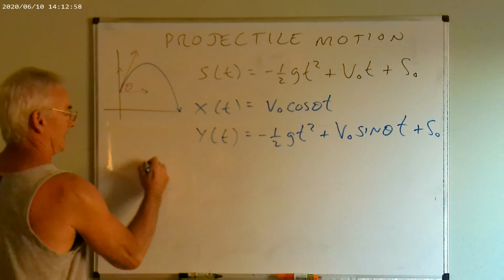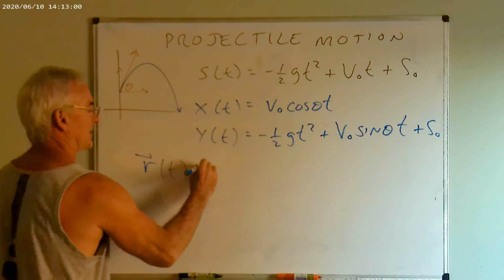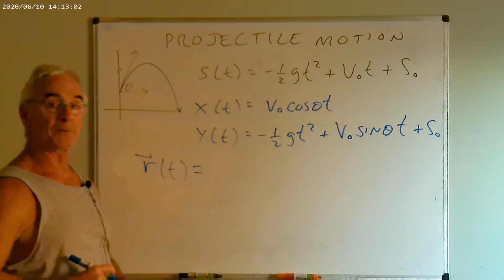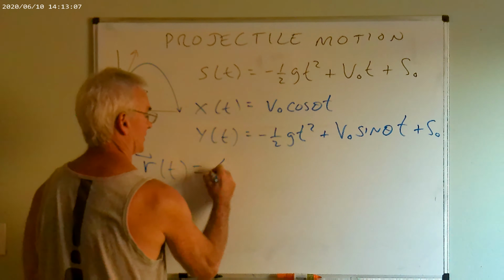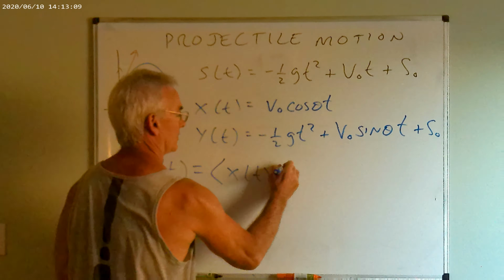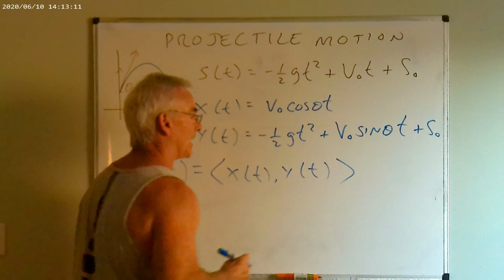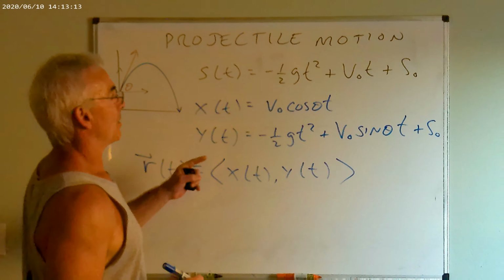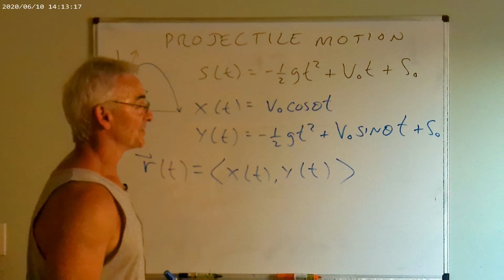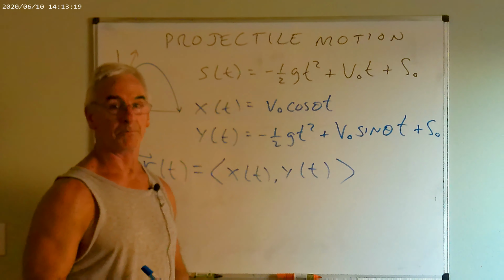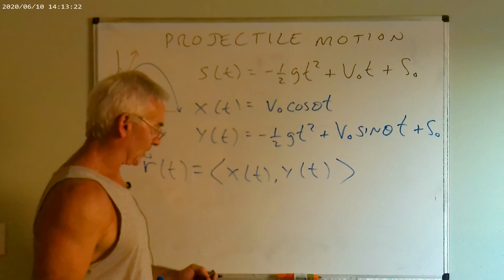So r of t, if I'm talking about projectile motion where gravity is the only force acting on it and there's no air resistance, is simply x of t, y of t. Now, to make this simpler, for this scenario here, we're going to use English standard units because then I can use 32 feet per second squared rather than 9.8 meters per second squared. And now we'll do a very simple example.